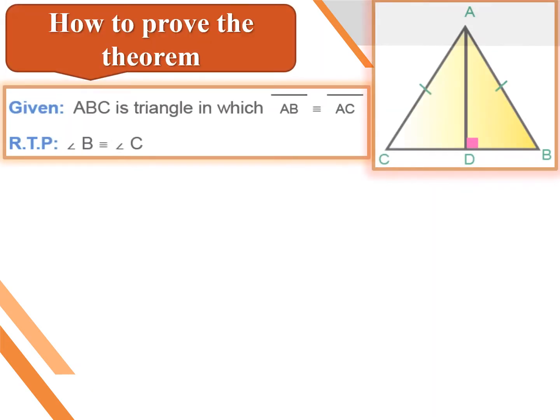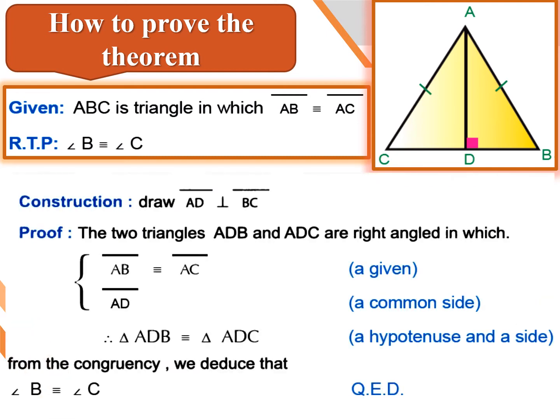Now, how do we prove the theorem? Given ABC is a triangle in which AB is congruent to AC, prove that angle B is congruent to angle C. At first, I make a construction: AD perpendicular to BC.